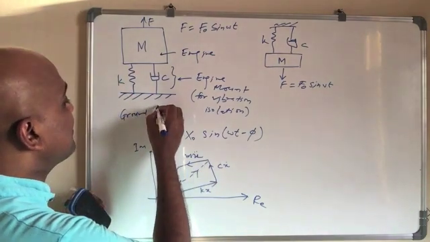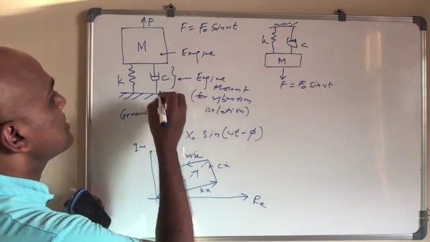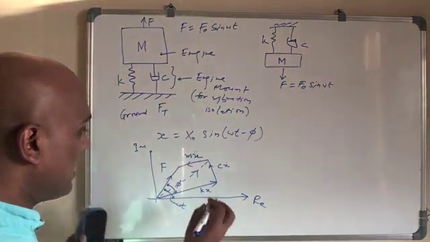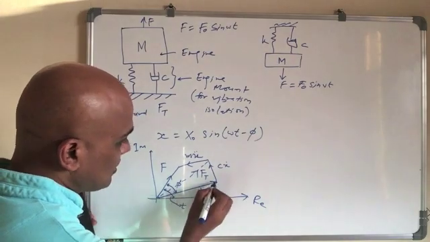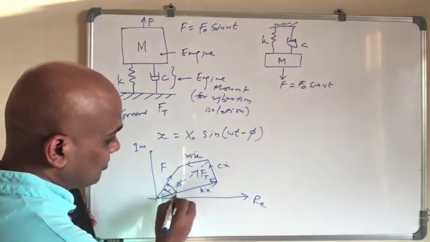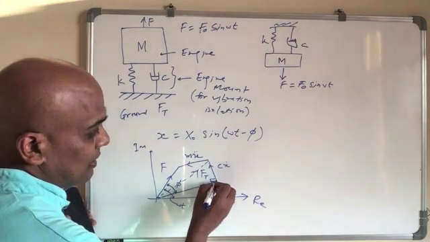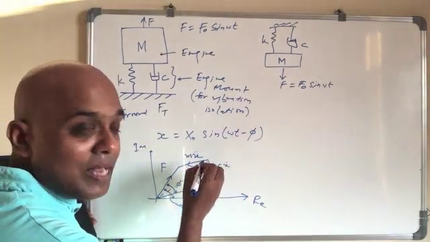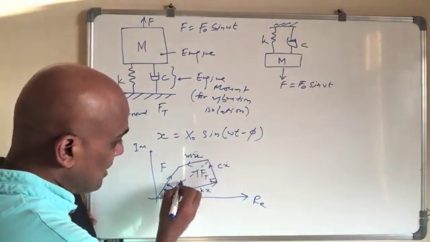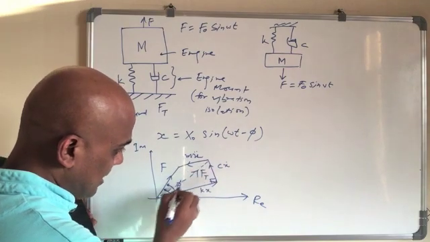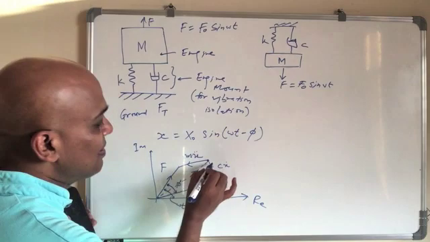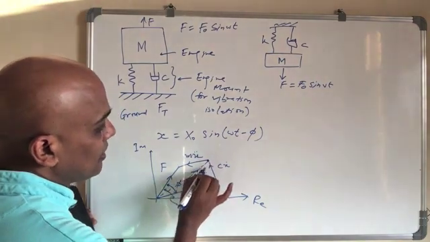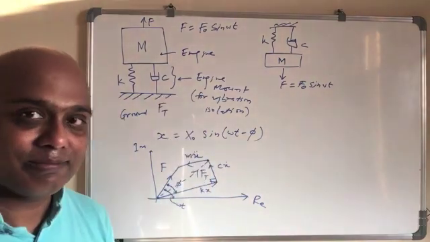If we say Ft is the force transmitted to the ground, Ft will be this dashed line. The force due to the spring, then the force due to the damper, and then you join it, and this Ft from this end to this end will represent the force transmitted to the ground.